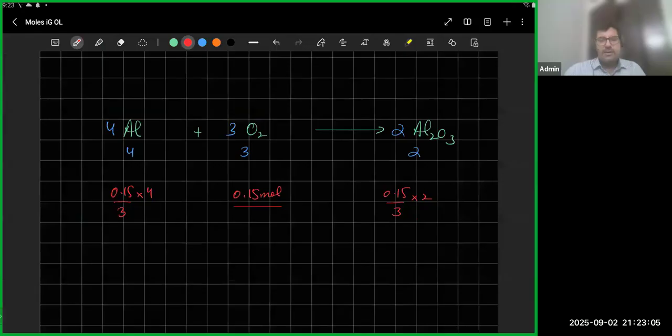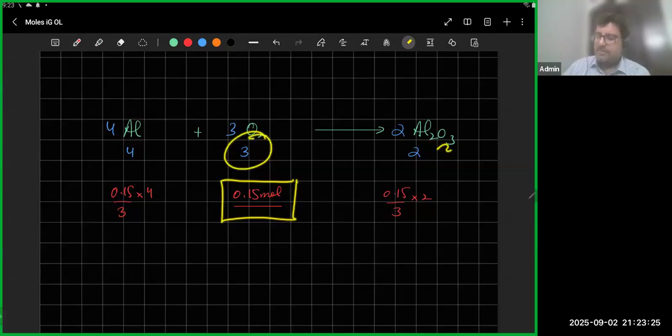So is the shortcut clear? Instead of using ratios and making the question very complicated and wasting too much time, the shortcut is you know these moles, divide by its ratio, multiply by the ratio of the other substance, and you'll get the answer. You want to find this? Take the known moles, divide it by its ratio, multiply it by the other ratio. So here I'll write it down as well.